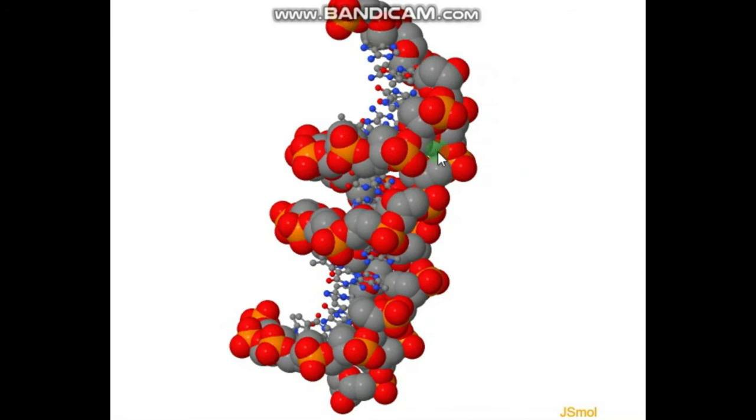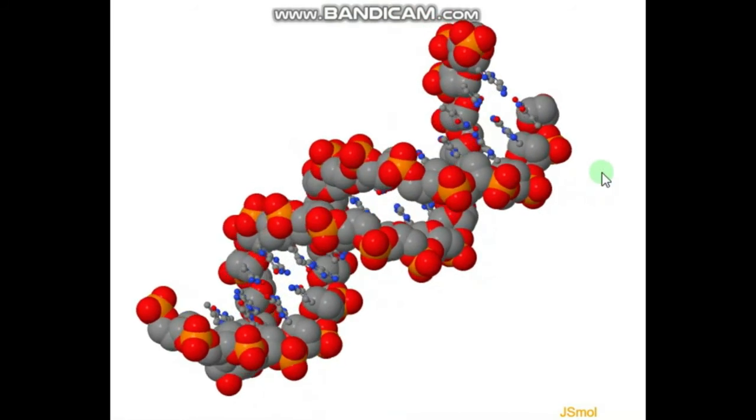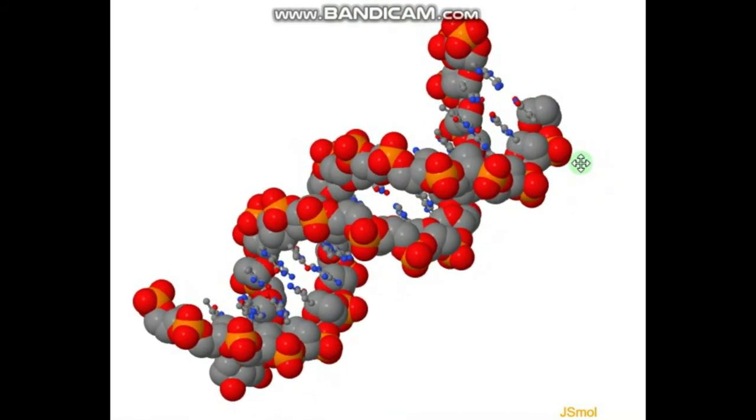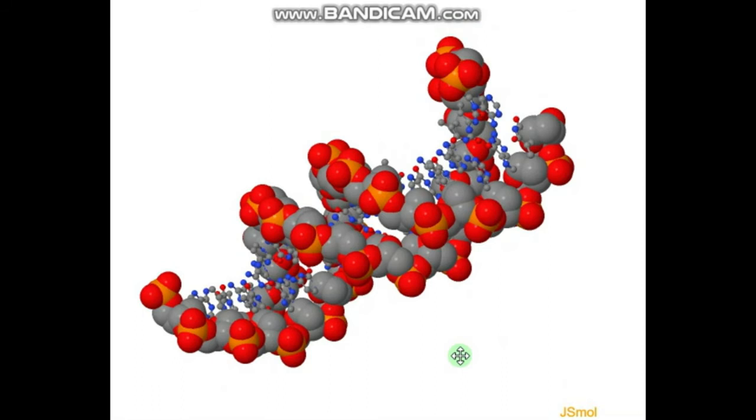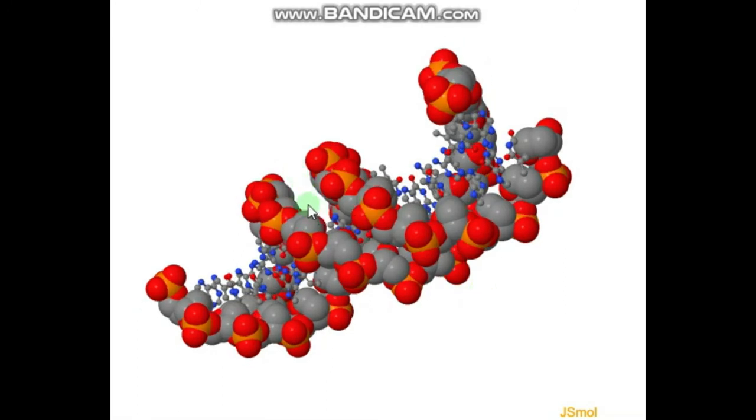So if we just look at the chain in a bit more detail, what this view also highlights is that the double helix, the two strands, don't have a completely regular spacing. If we look at it side on like that, between this turn and this turn, you've got really quite a narrow gap.